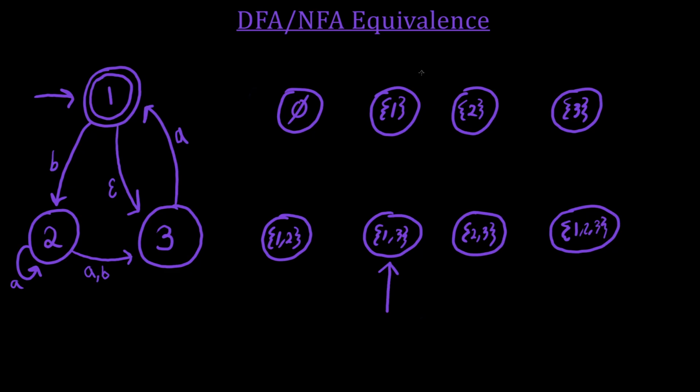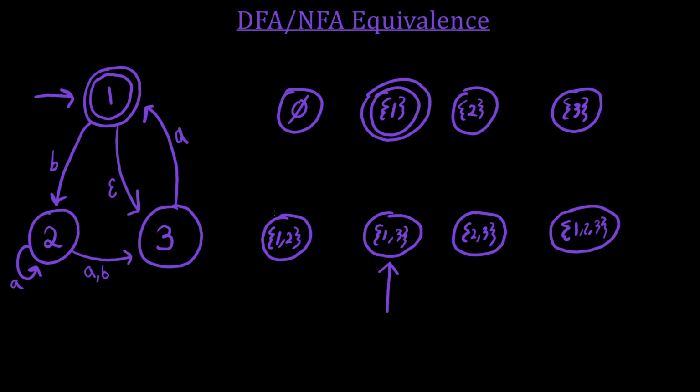The state containing just the state 1 from the NFA, well, 1 is an accept state. So because our set here contains an accept state from the NFA, we're going to make this state an accept state. Great. Now what about the set corresponding to the state 2? Well, it does not contain an accept state, so we will not make this an accept state. And the same thing for the state 3 here.